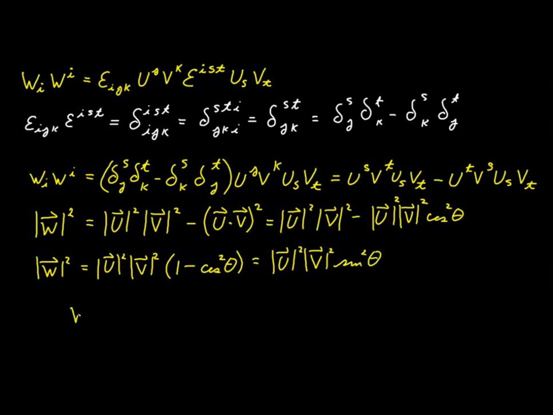The final result is that the magnitude of our vector w is equal to the magnitude of u, we're simply taking the square root of both sides here, times the magnitude of v times the sine of theta, where theta is the angle between the two vectors. And that then is the expression for the magnitude of the cross product between u and v.